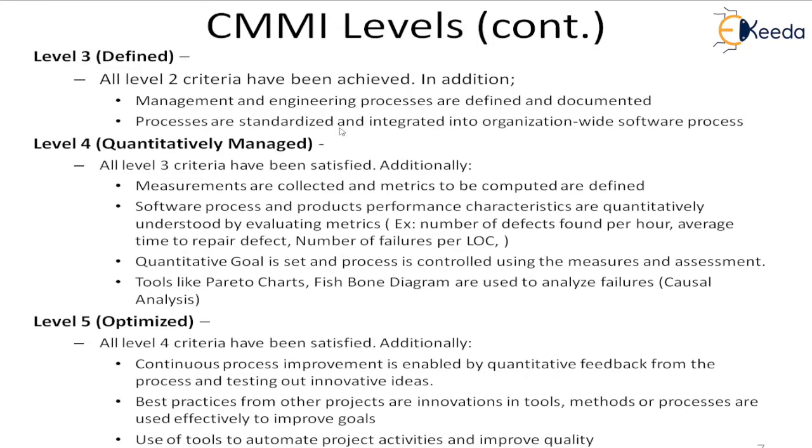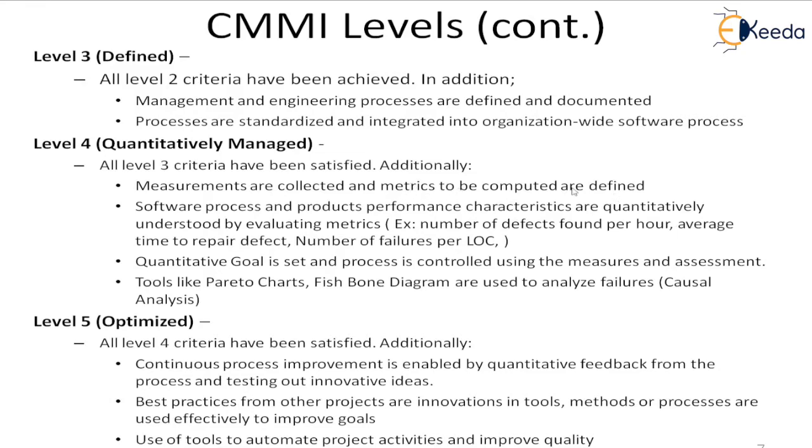At level 4, apart from being at level 3, we have additional criteria which make it quantitatively managed. As you can see, it is not only defined and managed, but it is also following certain quantitative methods. So the first one is measurements are collected and certain metrics are computed.